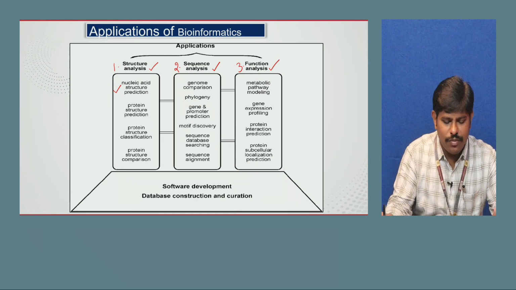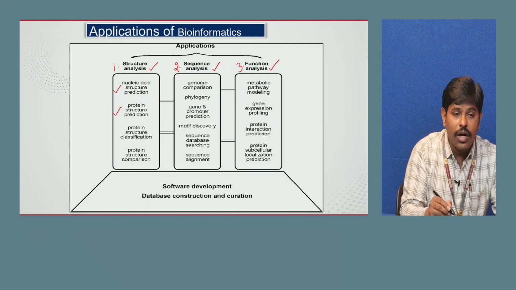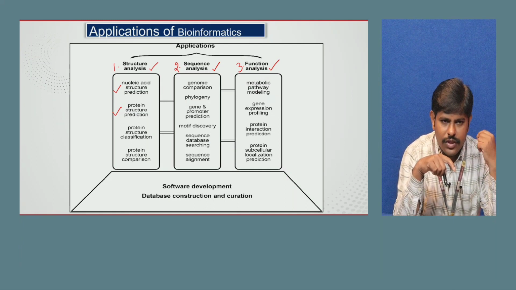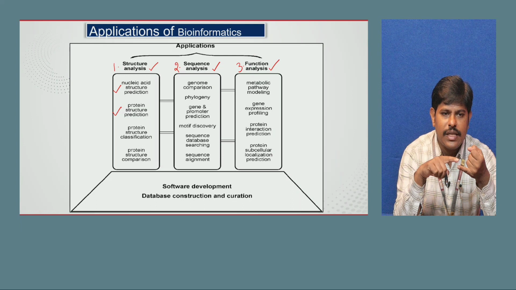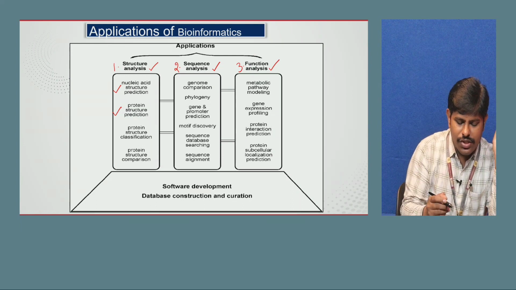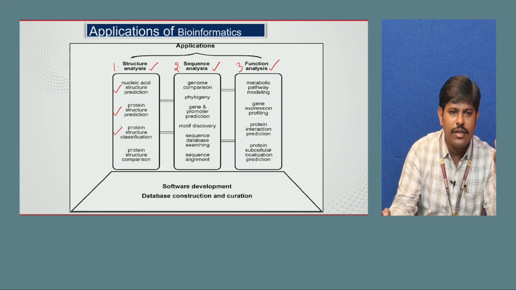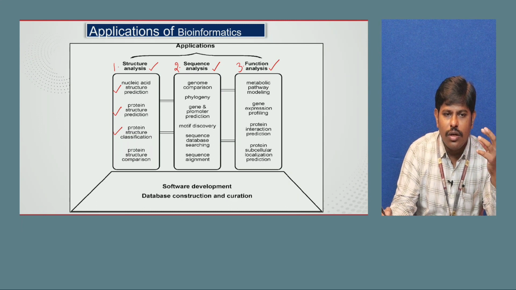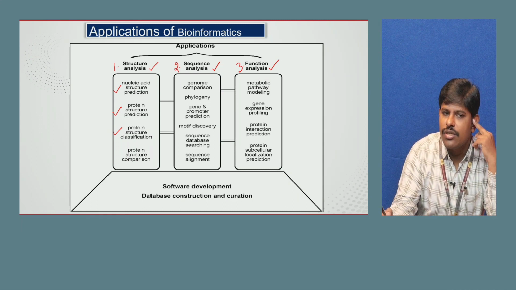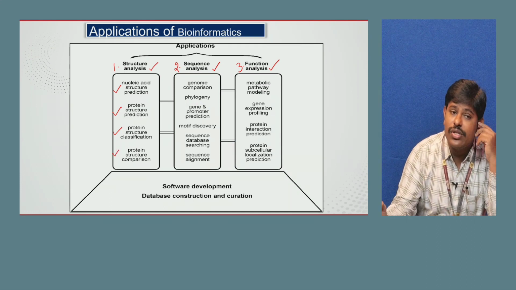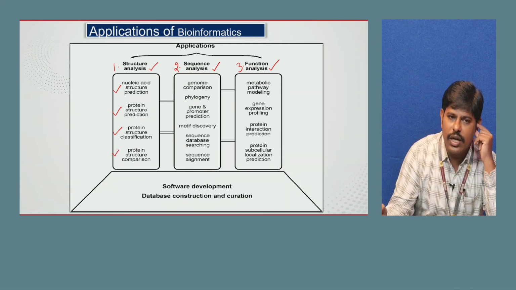Protein structure prediction involves designing algorithms based upon experimental data and using them to predict secondary and tertiary structures of proteins. Based on the structures, you classify them into various families or structural classifications based upon classes, architectures or topologies, and then compare how different structures are linked to each other.